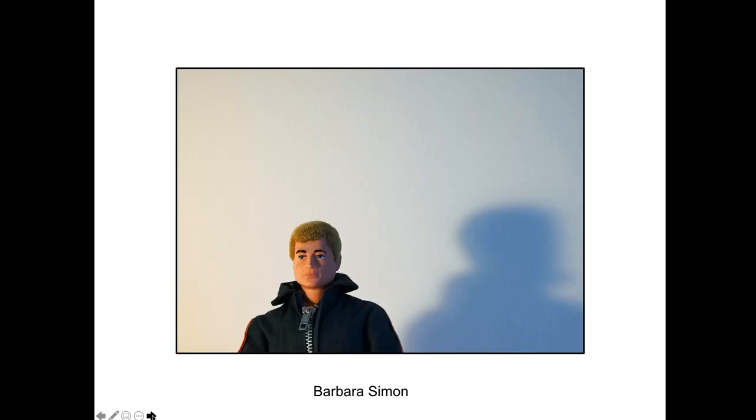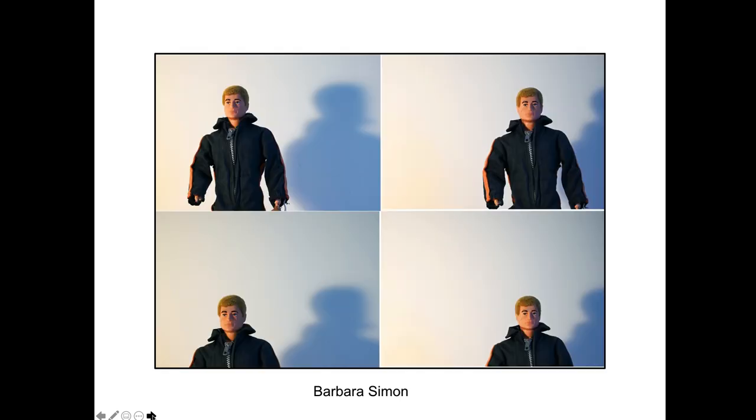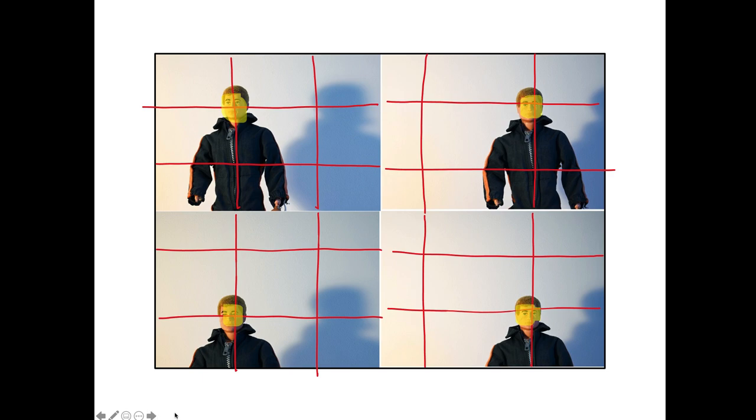And you can see the position of his head has changed, taking up roughly those rule of third sections. So in this top one here, this where the lines cross there, this one where the lines cross, this one and this one. So using the rule of thirds.